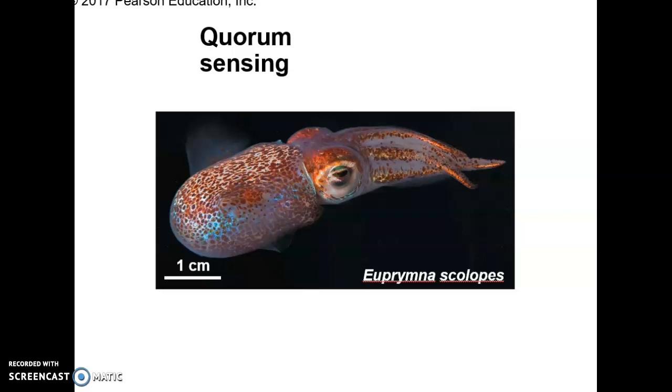They are waiting to find out whether enough of them are present to bother turning on certain genes. For instance, fluorescence genes in Vibrio fischeri or toxin genes in Vibrio cholerae.